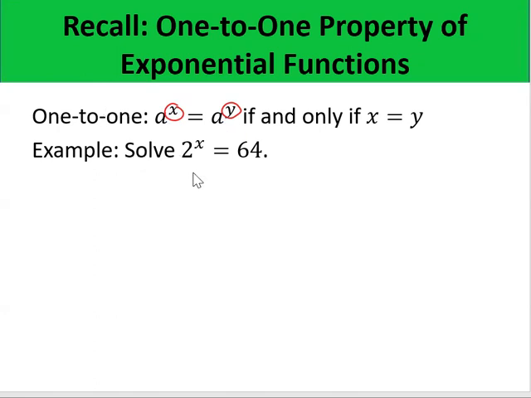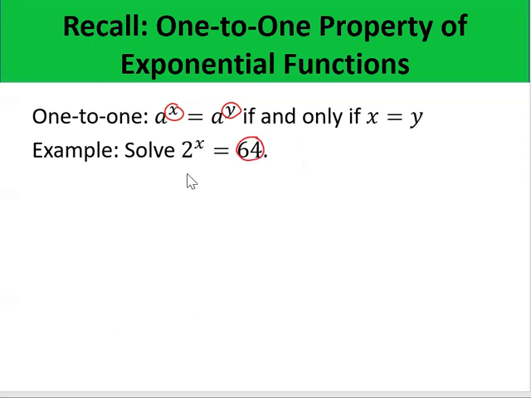So for example, let us try to solve 2 raised to X is equal to 64. In this equation, in the left side, the base is 2, while in the right side, the base is 64. So in order to solve this by using the one-to-one property, we have to write 64 as a power of the base 2.